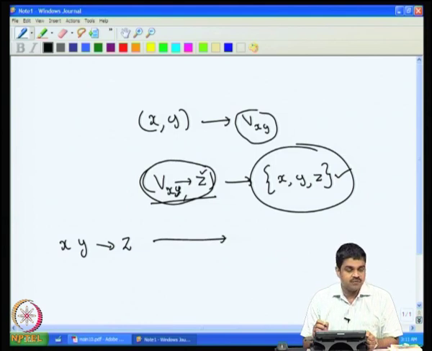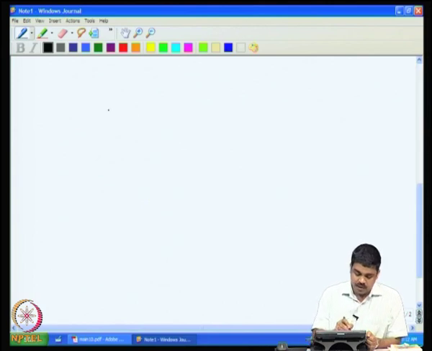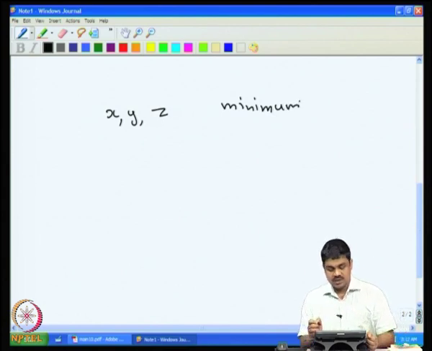The number of vertices in that minimum component will be the value. Now in the next step, we pick up that edge xy such that xy and its partner set together has the minimum possible value among all such selections, right?